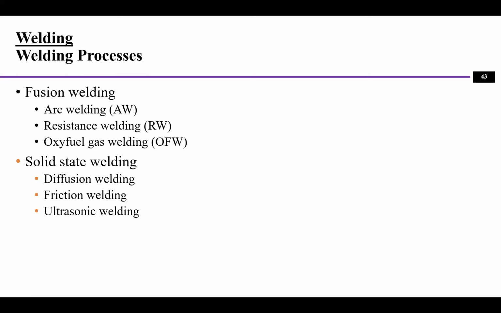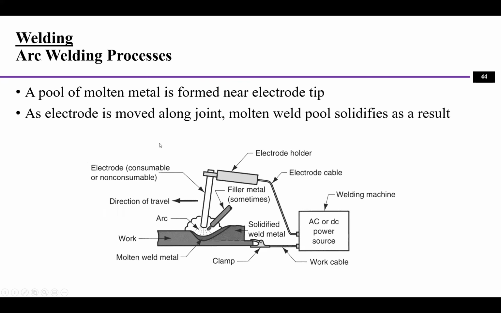Let's look at the different types of welding. One is fusion welding, another one is solid state welding. Fusion welding means that the energy source will be from electricity, like arc welding, resistance welding, and oxygen fuel gas welding.